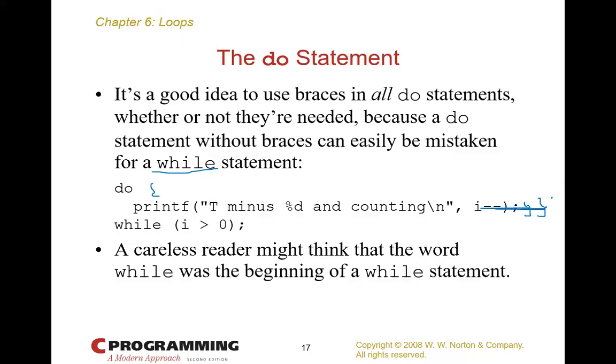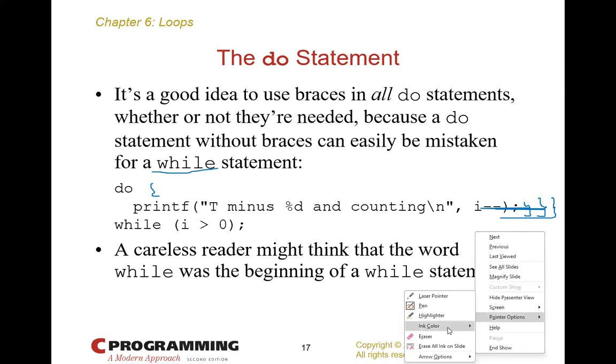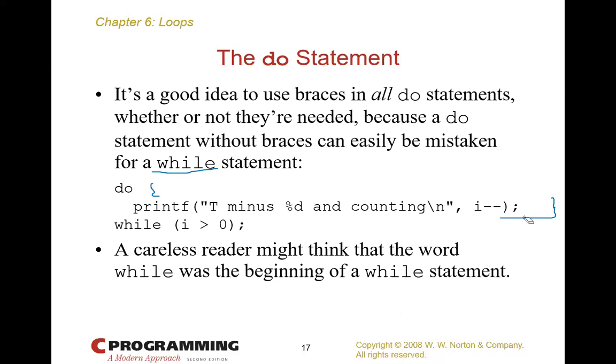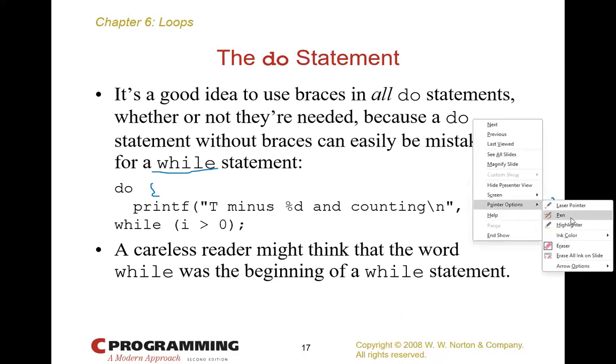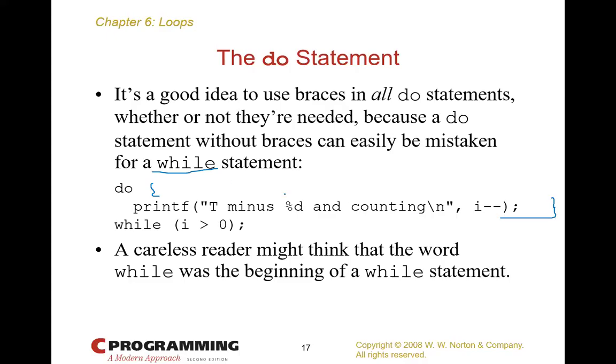Why is it behaving this way? Okay, so look at what is going on. Without these braces, this is do this part, and this while looks like the beginning of a new while statement that does not have a statement because of the semicolon at the back of the while.